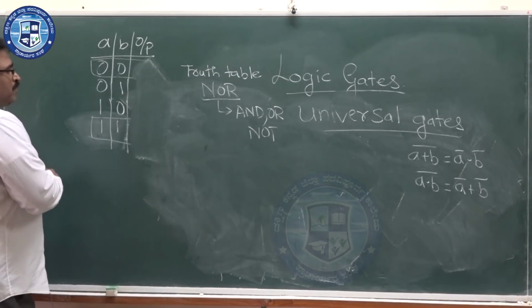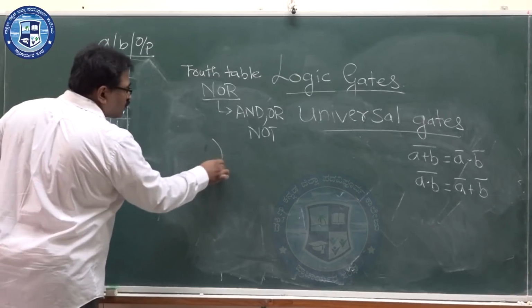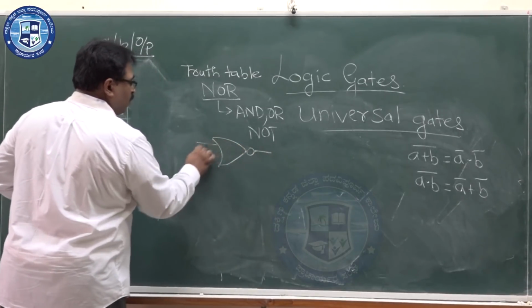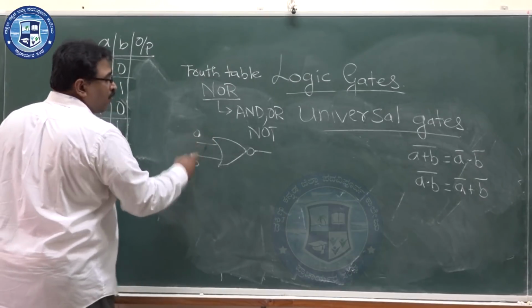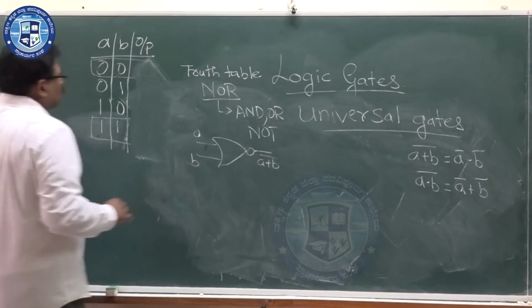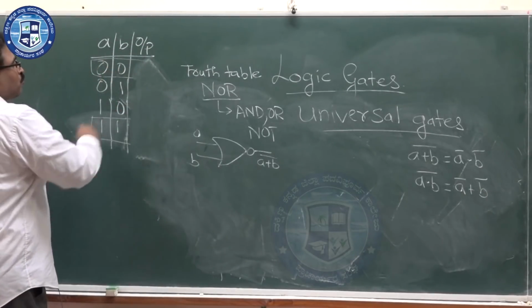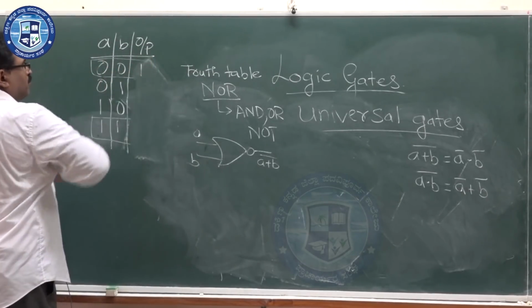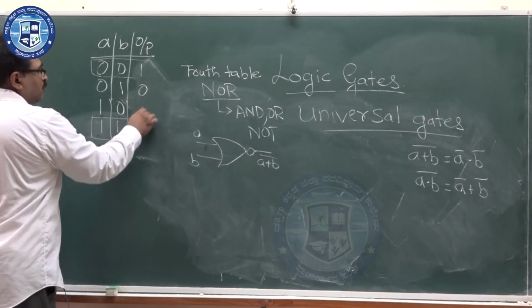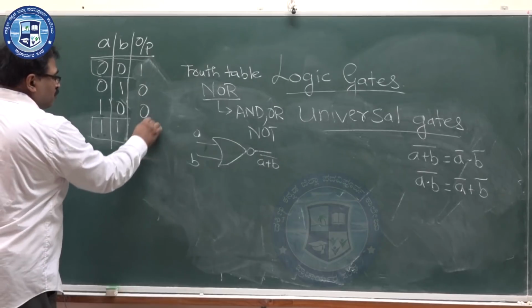What is the truth table? First, I will show you the symbol. A, B. So this is A plus B the whole bar. So 0, 0, what will be the output? Output will be 1, 0, 1, 0, 1, 0, 0, 1, 1, 0.